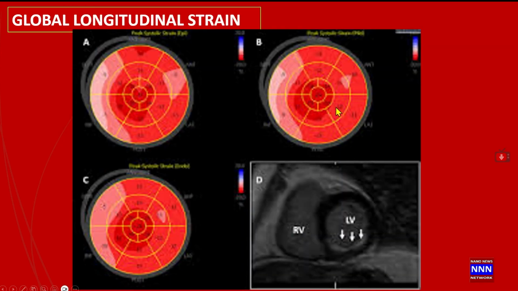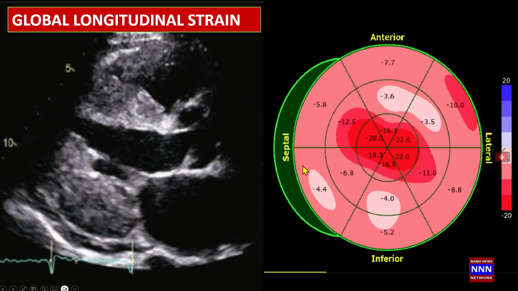And here's an example of patchy areas where there is decreased longitudinal shortening of the myocardial fiber. And here's an example of a patient with amyloid disease with a hypertrophic left ventricle with normal function, perhaps maybe some small pericardial effusion.